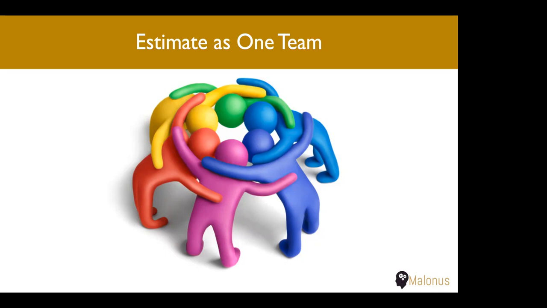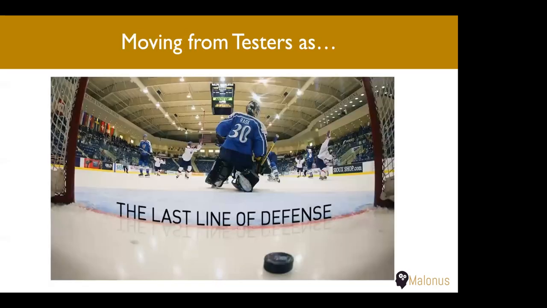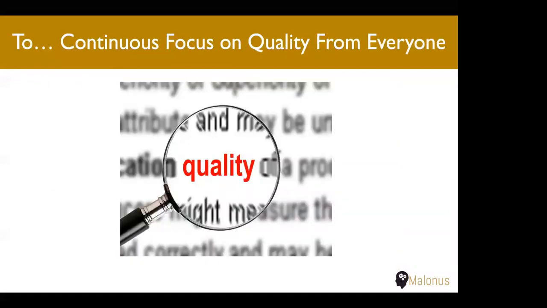And that can never happen when they are doing it separately, right? So that is another point which generally happens to be part of the agile teams. Another important point, in contrast to the traditional world, is moving from testers as the last line of defense to the continuous focus on quality from everyone.